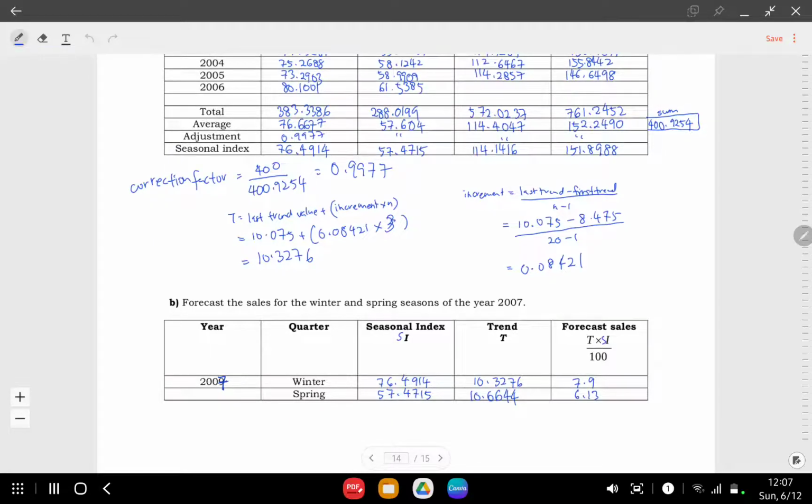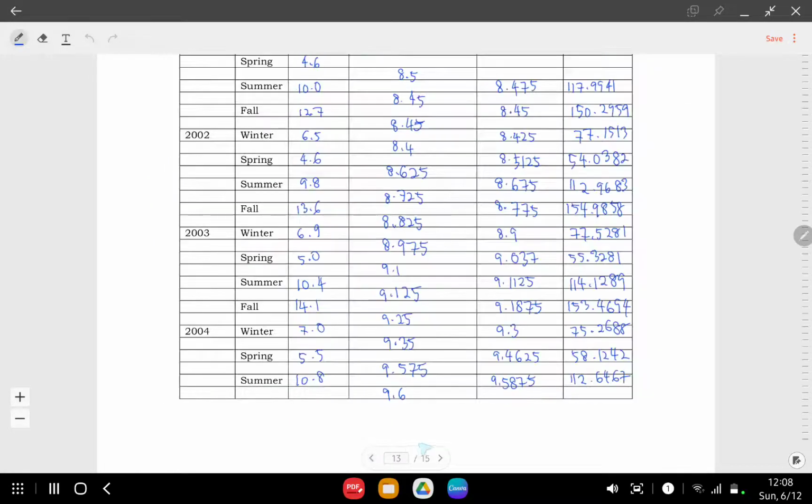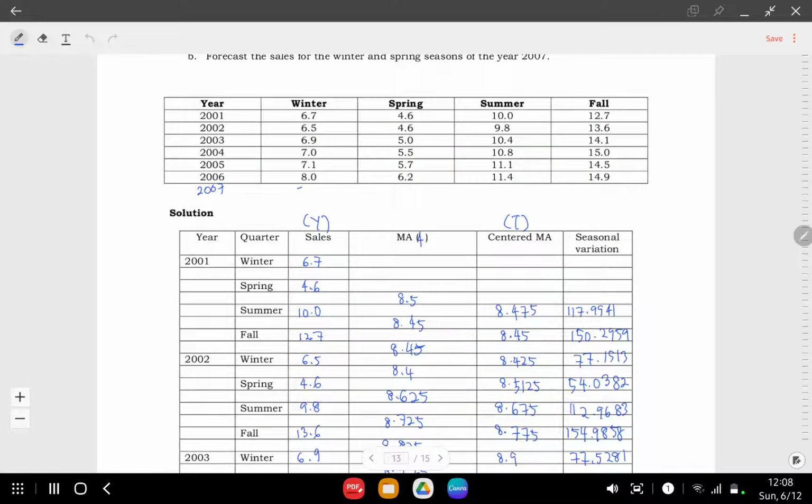Winter 7.9, spring 6.13. That is the forecast for the sales in the year 2007 for winter and spring.